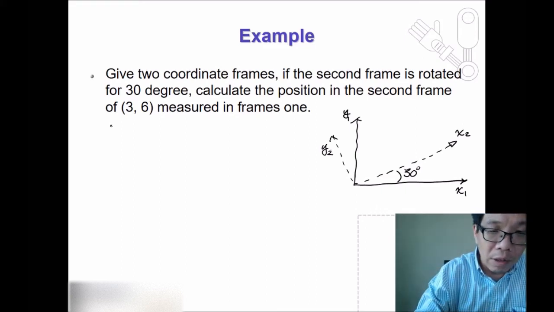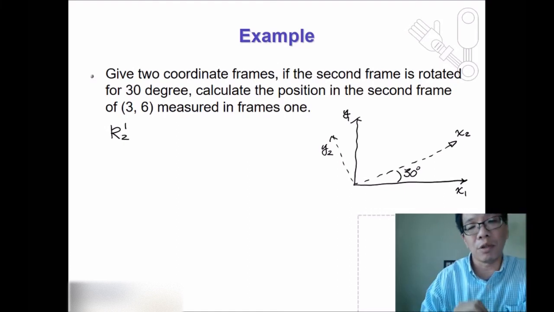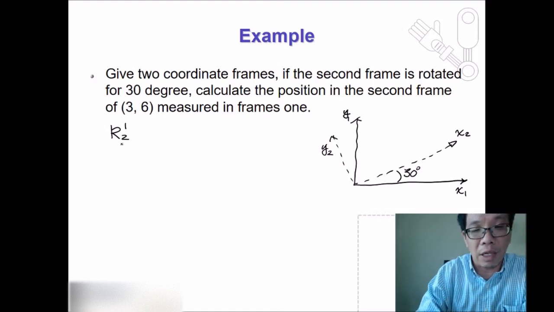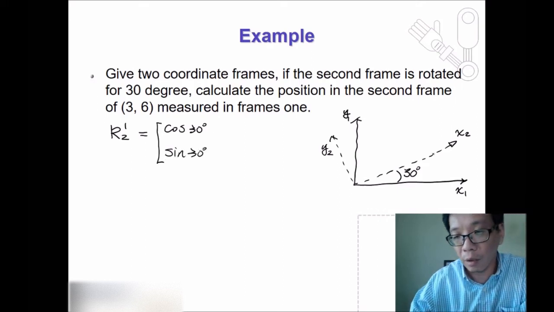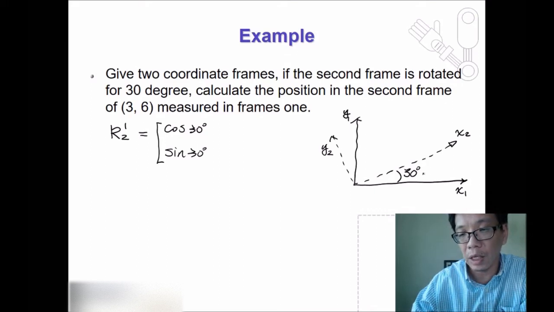So clearly, if I want to find out the second frame viewed from the first frame, the transformation matrix is straightforward. We are going to have cosine 30 degrees. The y is going to be sine 30 degrees. Again, we are using unit vectors, so we are dealing with cosine and sine.